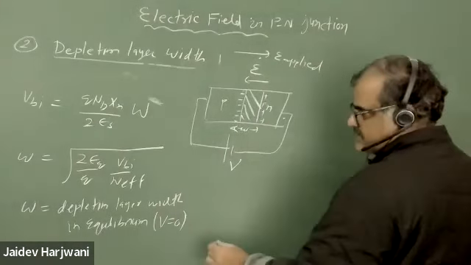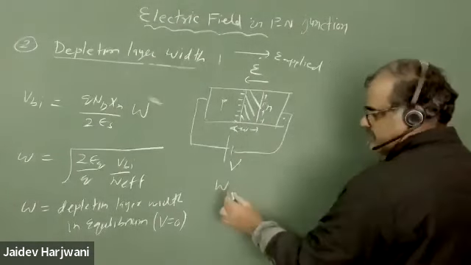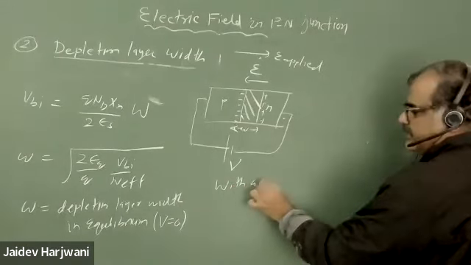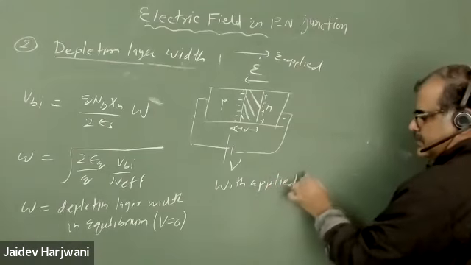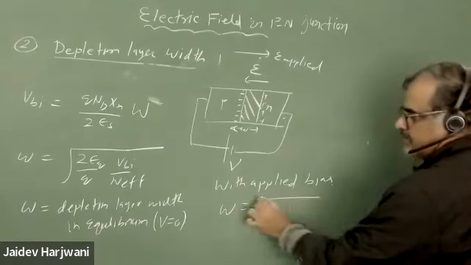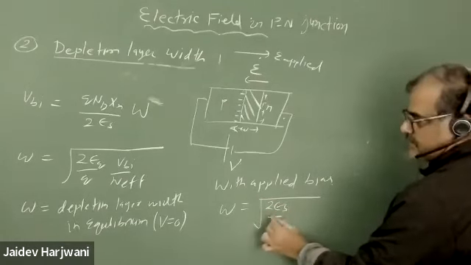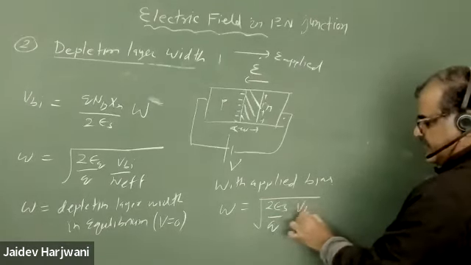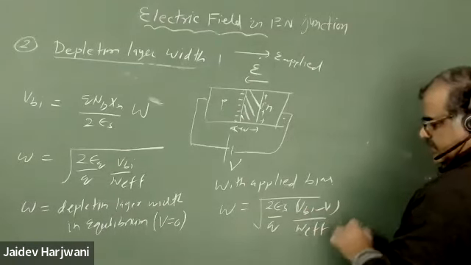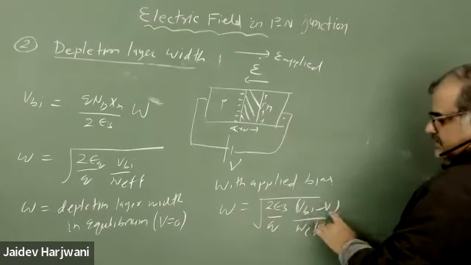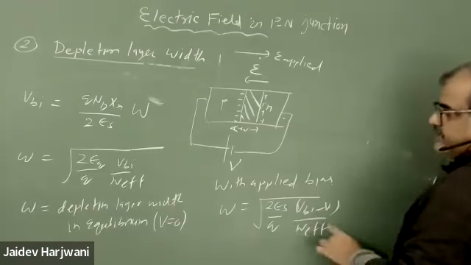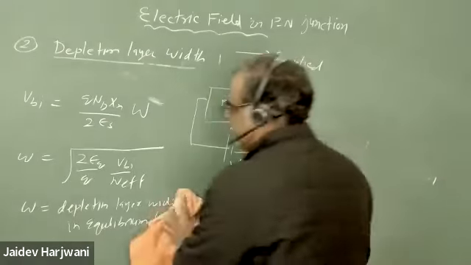So with applied bias, you can write the formula W as 2 ES upon q, times VBI minus V, upon N effective. If you apply forward bias, this will decrease, and if you apply reverse bias, this will become plus.